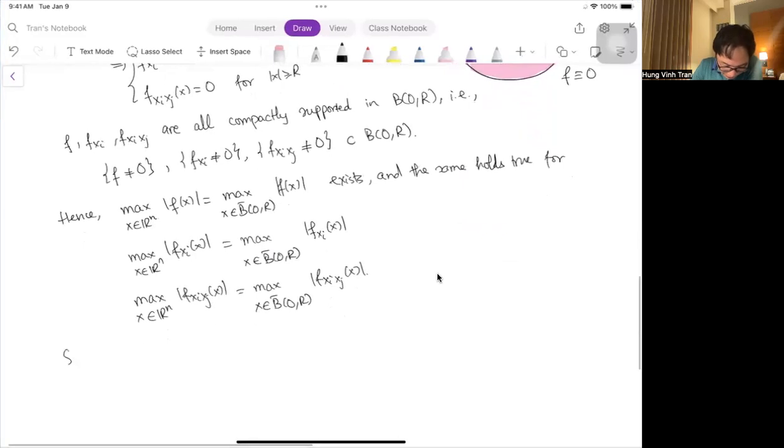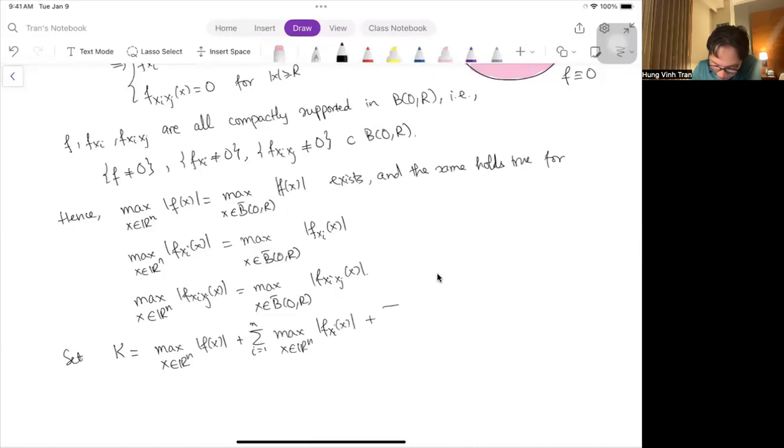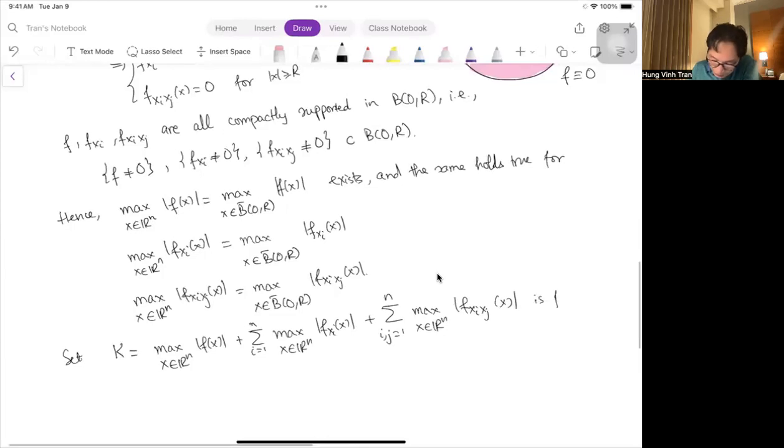I'm gonna set a constant k equal to the max over x in Rn of |f of x|, plus I'm just gonna sum up all the maximum values, the summation over i from 1 to n of the max over x in Rn of |fxi of x|, plus the summation over i, j from 1 to n of the max over x in Rn of |fxi xj of x|. Okay, I denote k to be this constant. This is a finite constant.